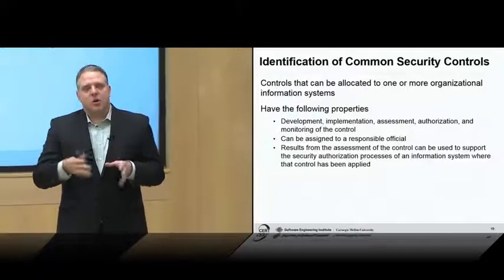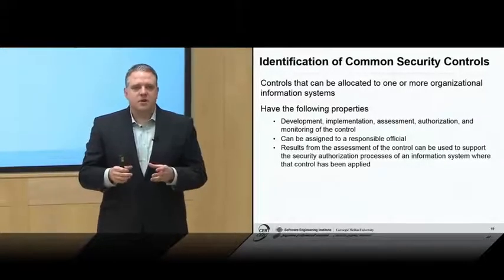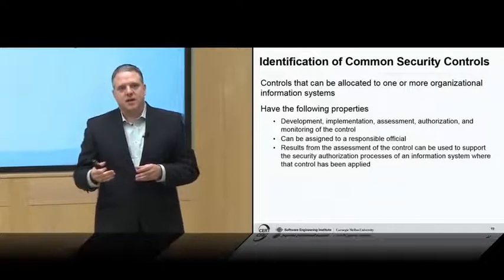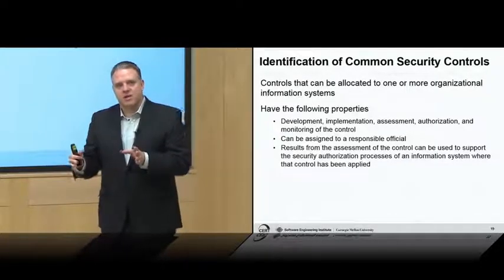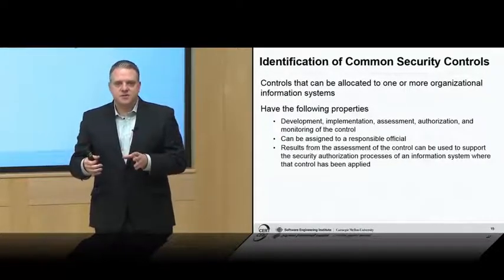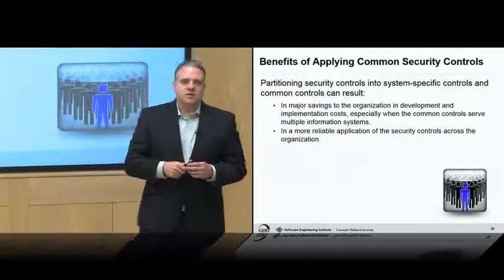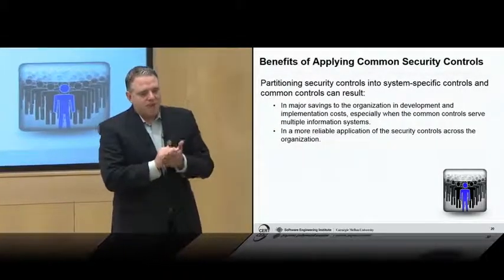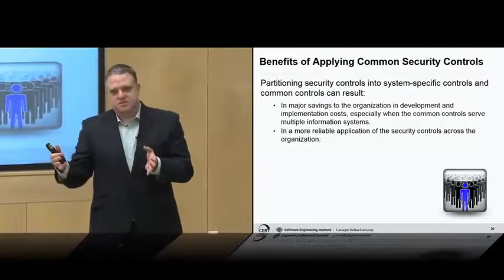What are common security controls? These are controls that can be implemented across one or more organizational information systems. Why would you want to do this? Well, you likely have multiple information systems out there.